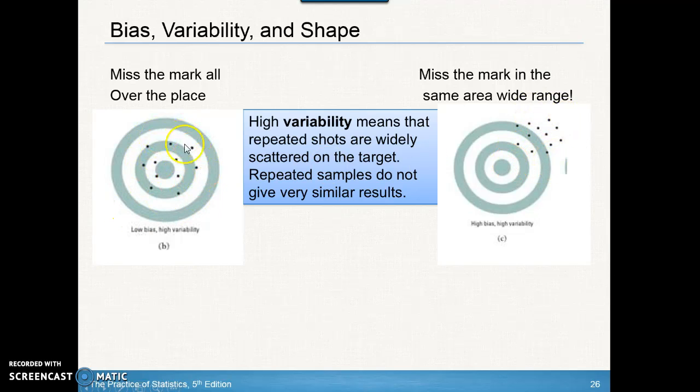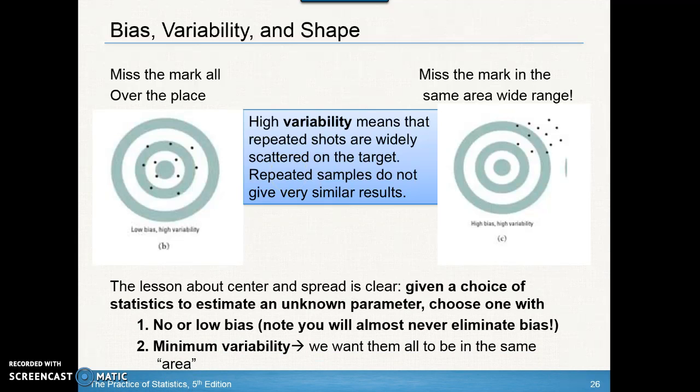In the first, low bias, we're close to where we should be, but it's still pretty high variability because it's all over the place. Remember, bias means consistently over or underestimating in the same spot. Here, we're all in the same spot, overestimating. Here, we don't have bias because they're not clustered in one area.